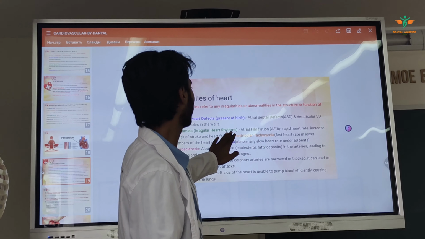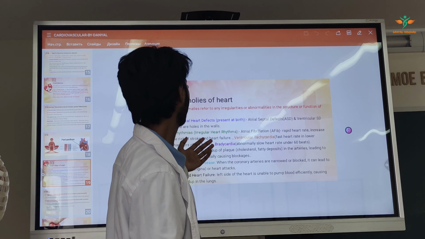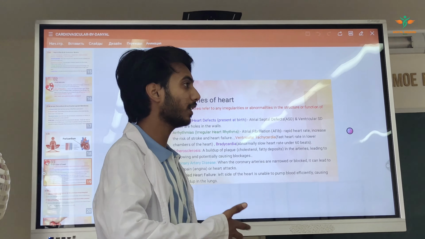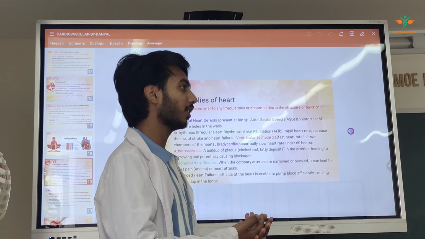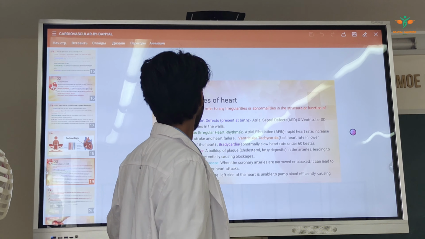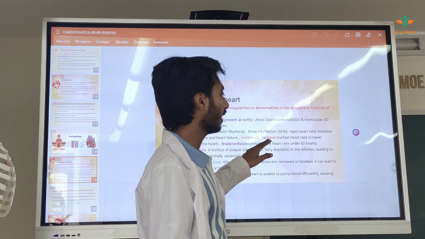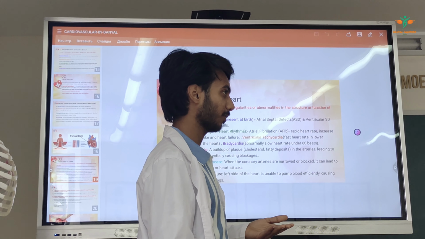Arrhythmias are irregular heart rhythms. There is atrial fibrillation, a rapid heart rate that can lead to heart failure and stroke. Then ventricular tachycardia. Tachycardia means increased heart rate.